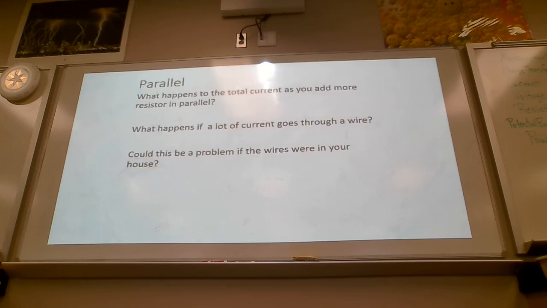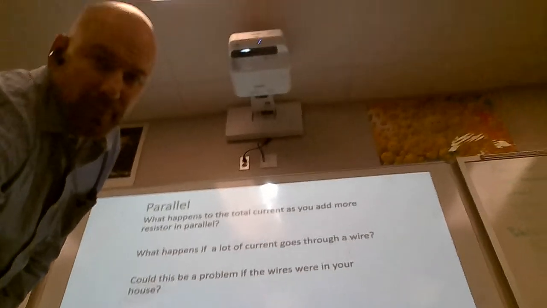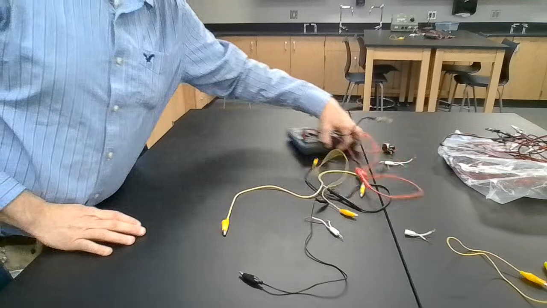What happens as you get more and more appliances turned on in parallel? What happens to your total current? It increases, yes? What happens if you have a lot of current going through a wire? Is that a good thing or bad thing? A lot of current.